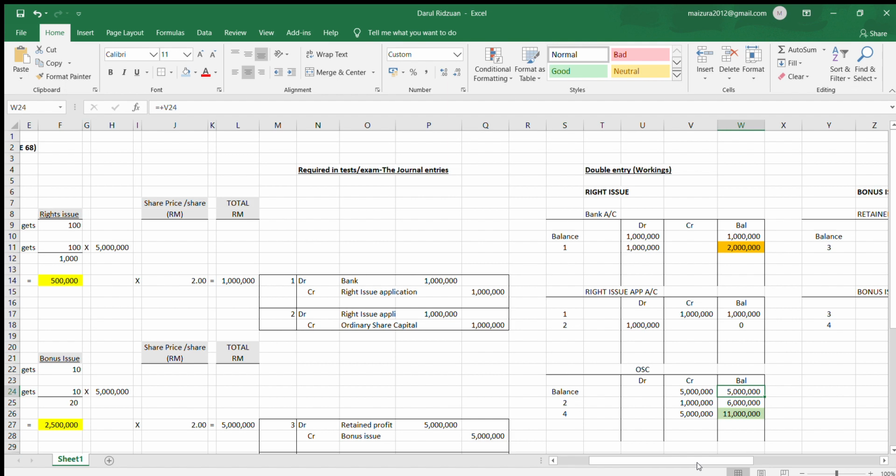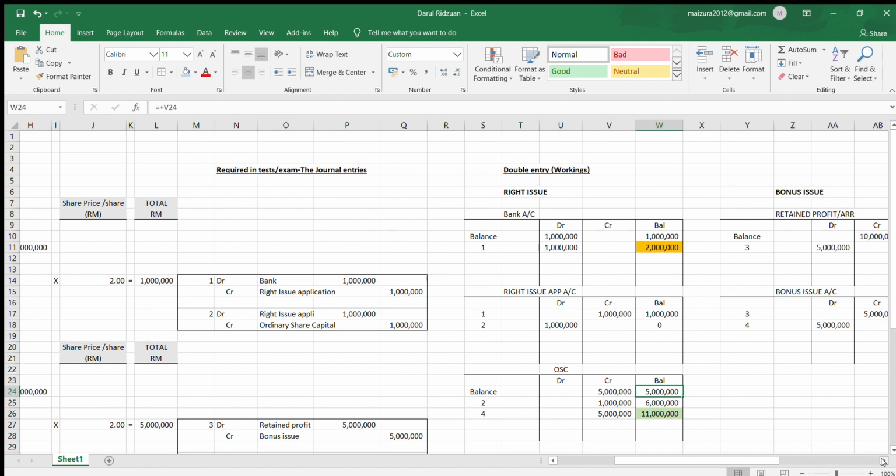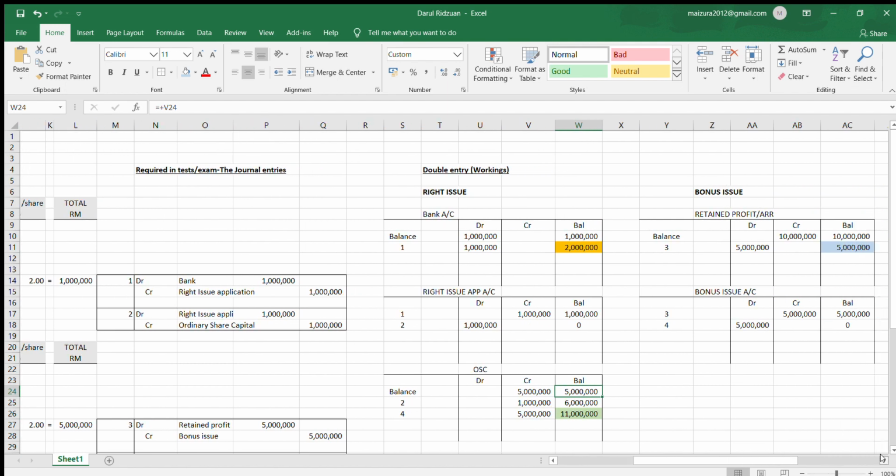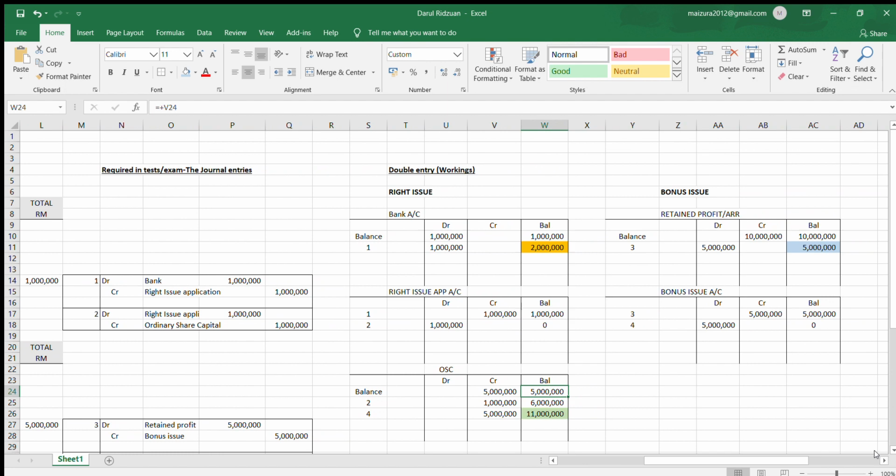Take note that the earlier 5 million on the left hand side is actually the number of shares. So the one on the right hand side is the RM. Preference share is not in the picture because the question does not involve preference shares. Now, retained profit is here and the balance is 10 million.